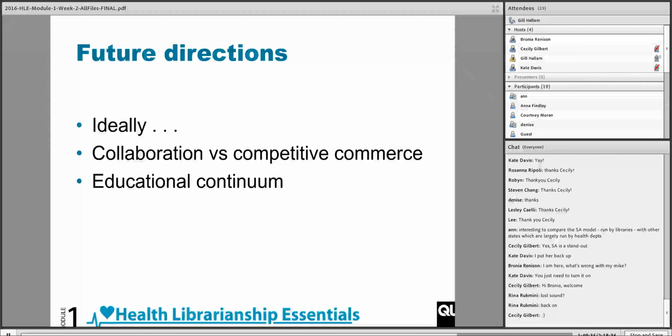That's right. All really important points. Going back across the two sessions with Bronya and Cecily, while you as participants have access to the health resources in the QUT library here, which you may not normally have access to if you're totally new to the health library sector, those of you already working in the sector should take a critical eye and see what access you have.